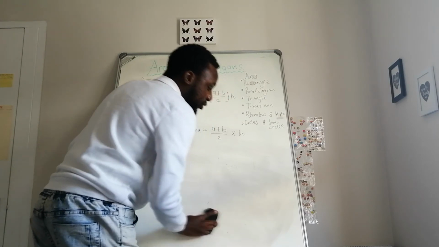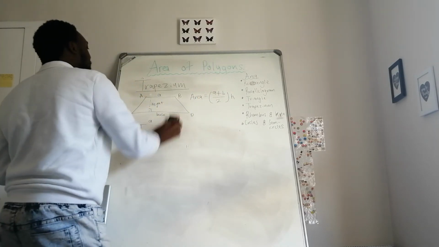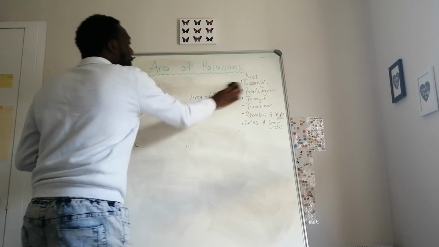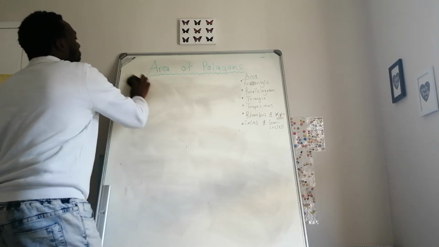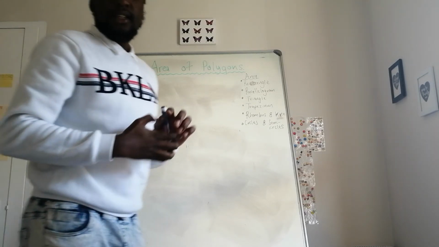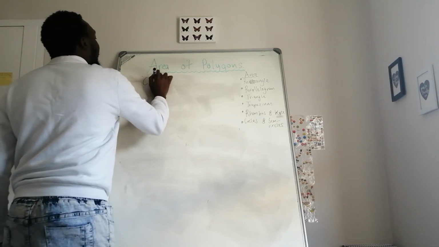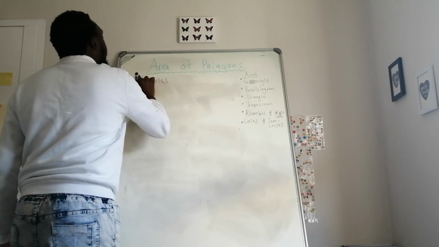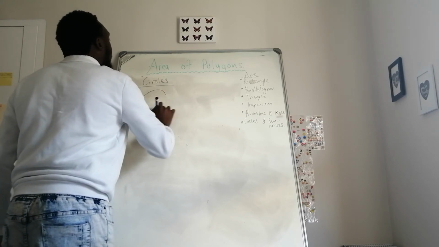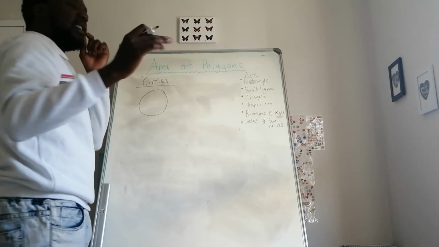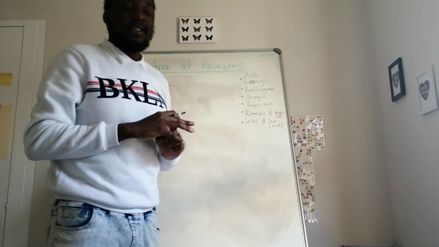So let's do the last one. How are we going to find the area of a semicircle and a circle? So circles, if I have a circle like that. Let's first talk about perimeter.